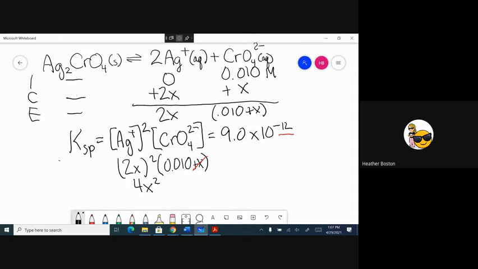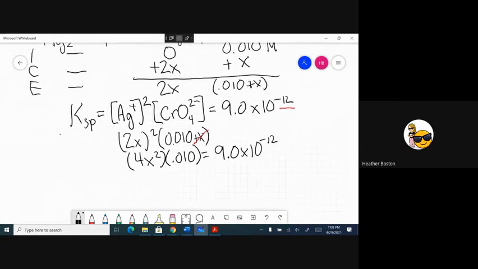So we're going to simplify this problem to be 4x squared times 0.010 equals 9.0 times 10 to the minus 12. That's how we make this problem more consumable and a little bit easier. So don't forget that we can ignore the contribution made by x.